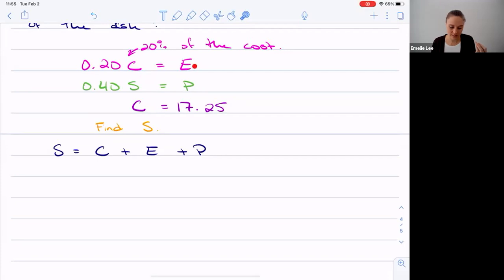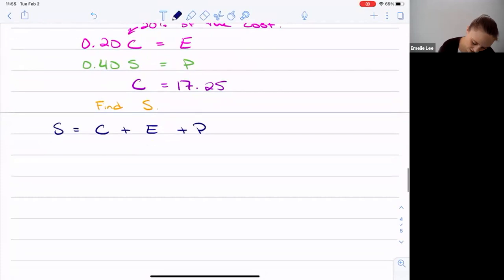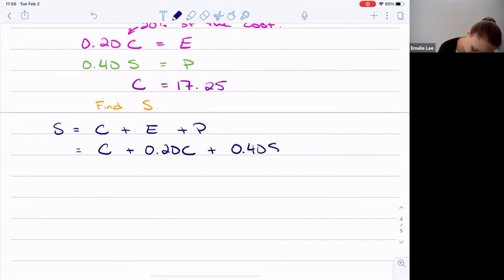So I'm going to replace E here with 0.2 C, and I'm going to replace P here with 0.4 S. Okay? Ultimately, trying to find S. So I get S is C, which is just left on its own, E, which is 0.2 times C, plus P, which is 0.40 times S.